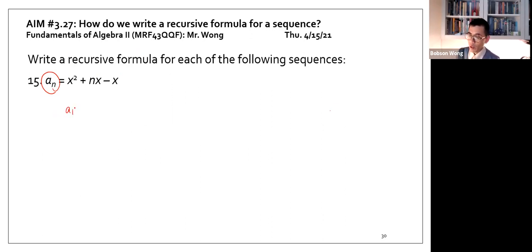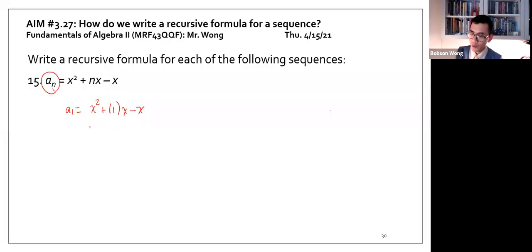So a sub 1 is equal to x squared plus 1 times x minus x. Because here, this is when n equals 1.